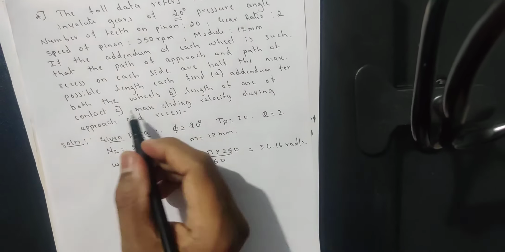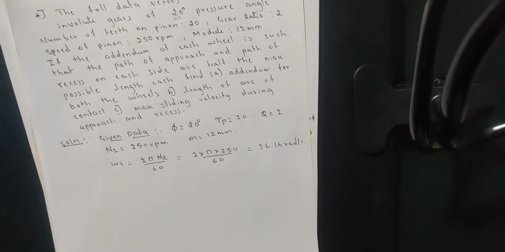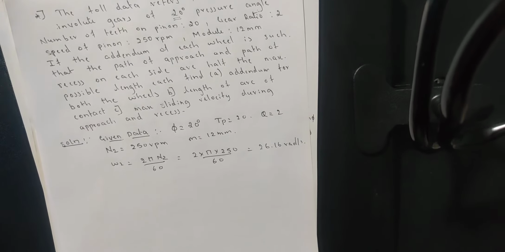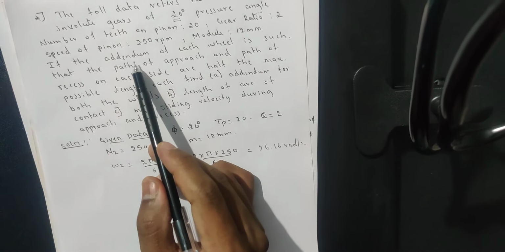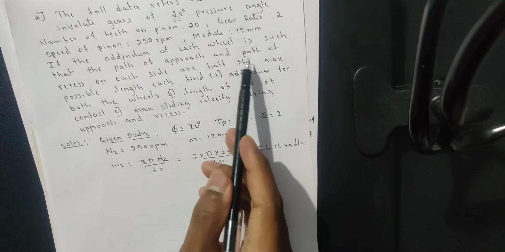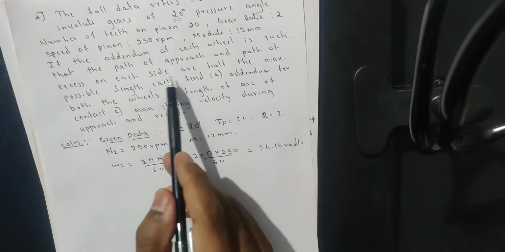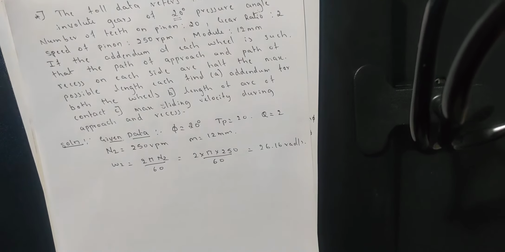What they have asked in the problem is to find the addendum for both the wheels. So addendum means we have to find the addendum circle. Also they have given a condition: the addendum of each wheel is such that the path of approach and path of recess on each side are half the maximum possible length.